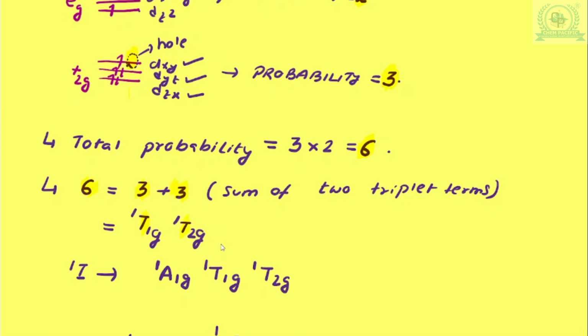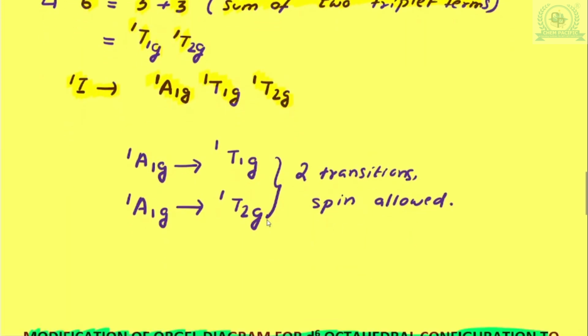It means 3 plus 3 can be written as a sum of 2 triplet terms. The excited states are one T1 and the other T2, and since it is octahedral, the subscript g is used. The spin multiplicity we have already shown is 1. I hope it is very clear to you that the term symbol 1I we got here got placed into the ground state term A1g and the 2 excited triplet terms T2 and T1, as a result of which it will result in the spin allowed transitions from the ground state to T1g and from the ground state to T2g.